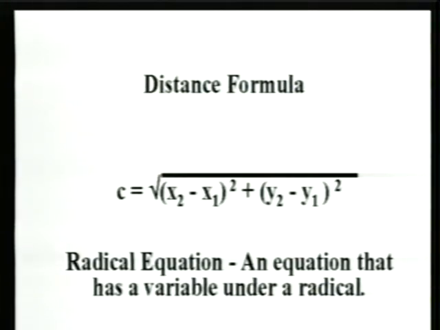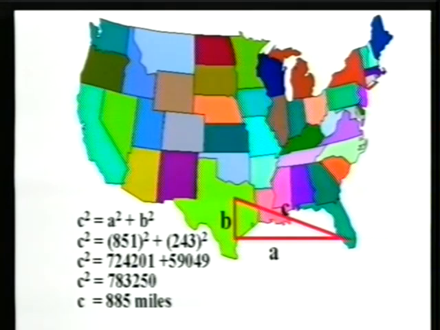Since we know that the distance from Dallas to Houston is approximately 243 miles, and the distance from Houston to Orlando is approximately 851 miles, a squared plus b squared gives us c squared equaling, after having squared 851, of course you know to square a term you simply multiply it by itself, giving us 724,201 plus 59,049.